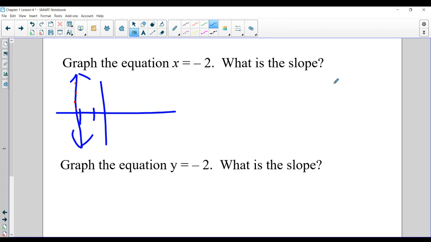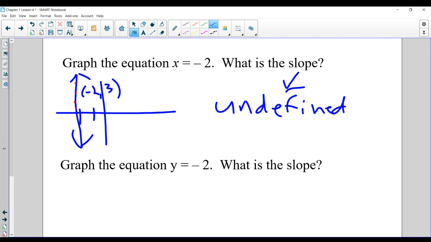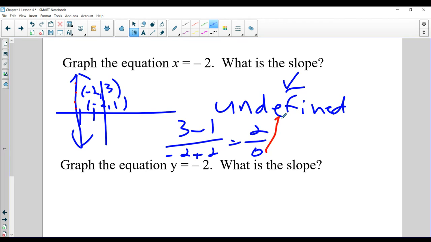Vertical lines have an undefined slope. If you were to pick 2 points on this, let's use (-2, 3) and (-2, 1), and do the slope, you get 0 in the denominator. That makes it undefined. So vertical lines have an undefined slope.